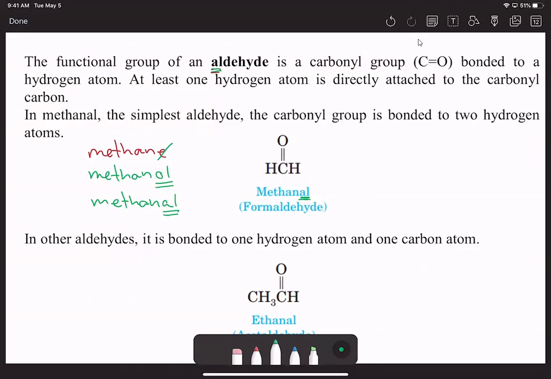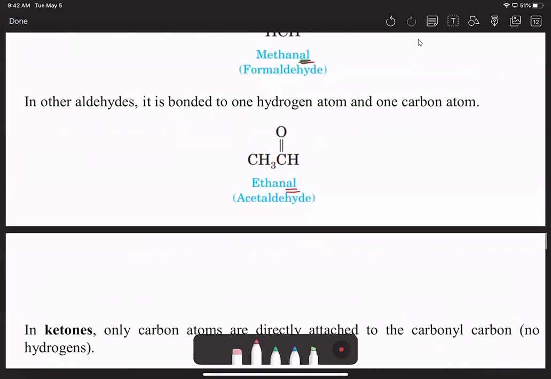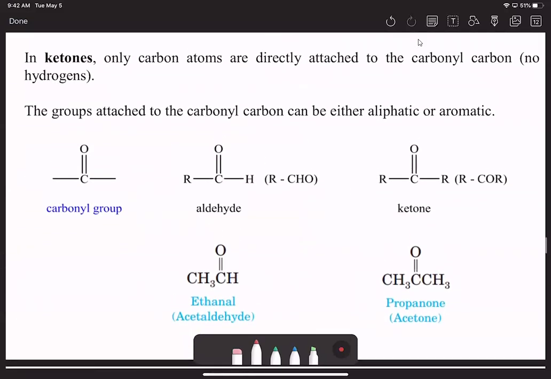So methanal, ethanal, propanal, butanal, right? And those are going to be all of our aldehydes. Right? Ethanal, like we see here, AL, AL, right? All of our ketones, we'll get into naming them in just a little bit. We're just going back because we're going to learn both ketones and aldehydes.